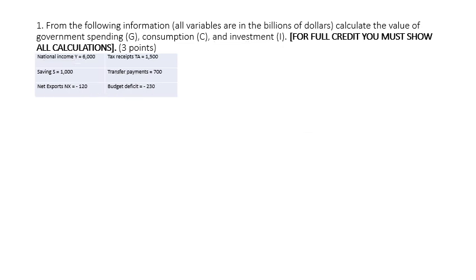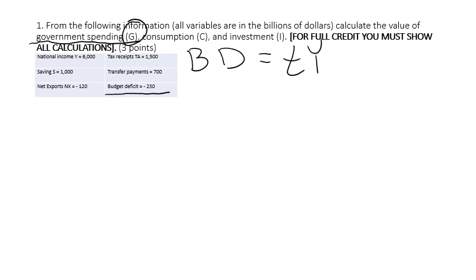Nextly, I have chosen to calculate government spending, G. All right. So, what did I start here? Well, budget deficit, that's a given, right? Negative 230 is equal to T times Y. And what's T times Y? Well, that's a reference to tax receipts, right?